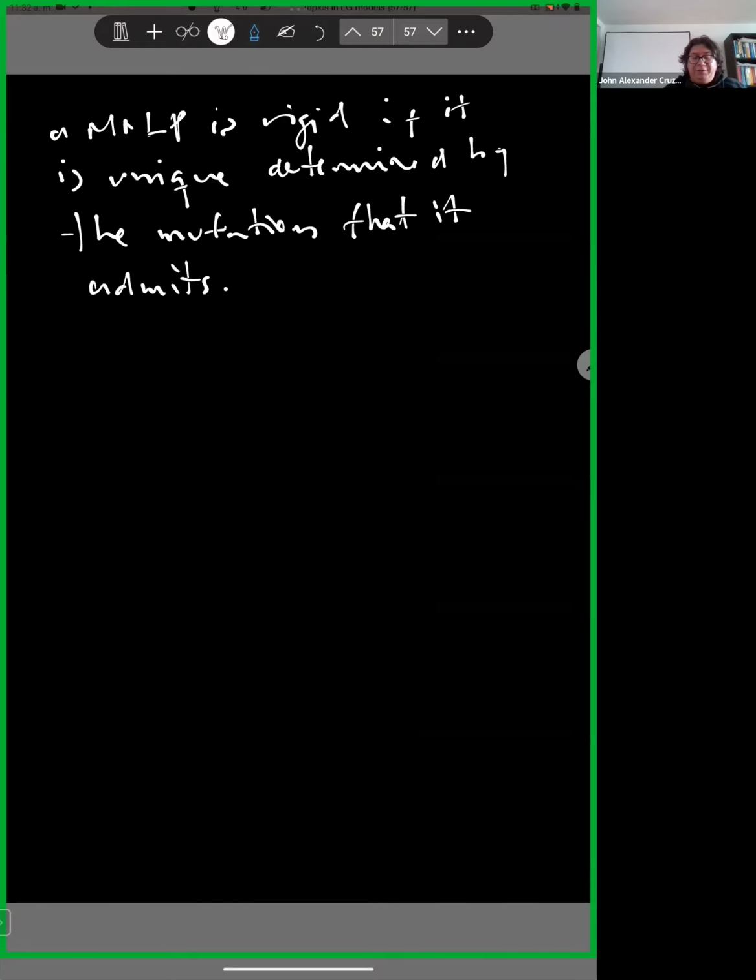There are more precise definitions you can find in the papers by Coates and other people. That's good. So actually, let me just finish with the dimension two case.